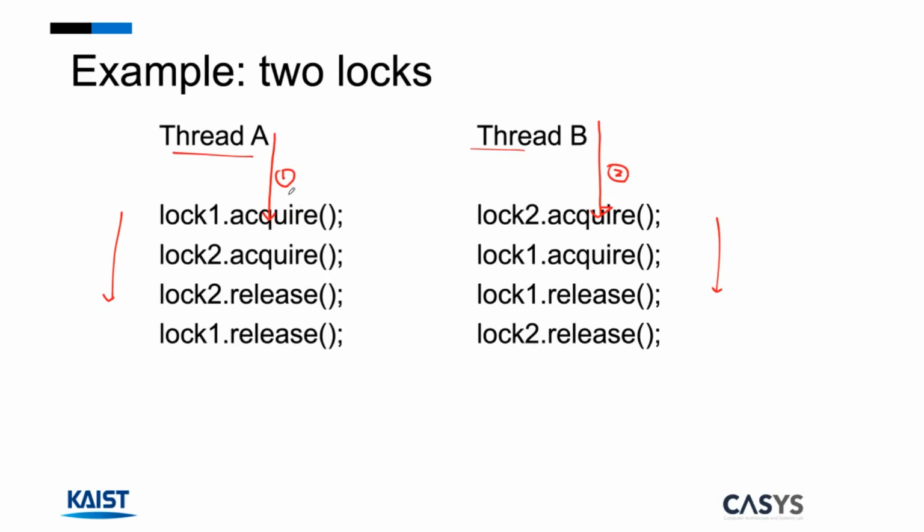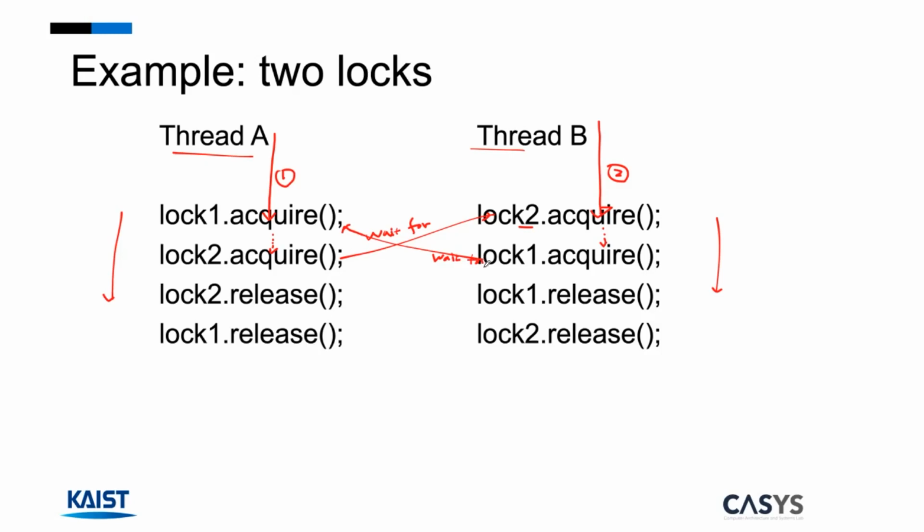After that, thread A tries to hold lock 2, but lock 2 is already held by thread B, so it waits for the resource. Likewise, thread B tries to hold lock 1, but lock 1 is already held by thread A, so it also waits for the lock.